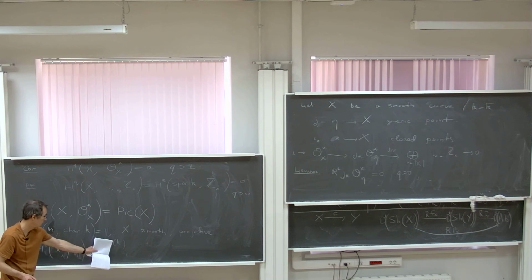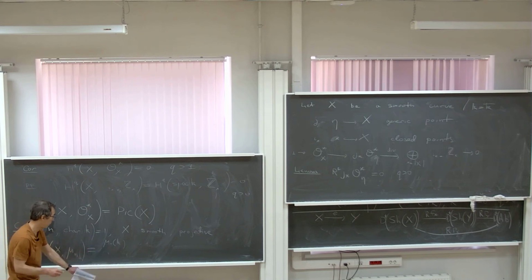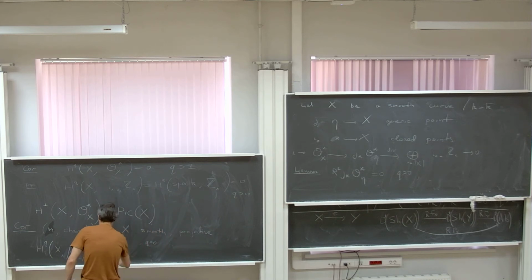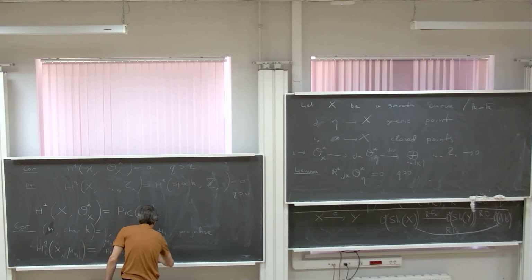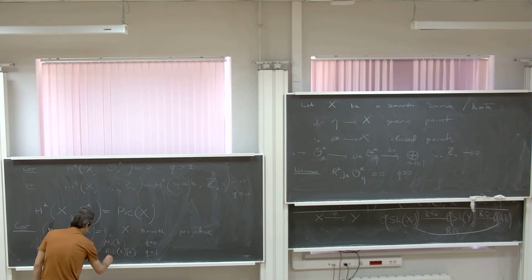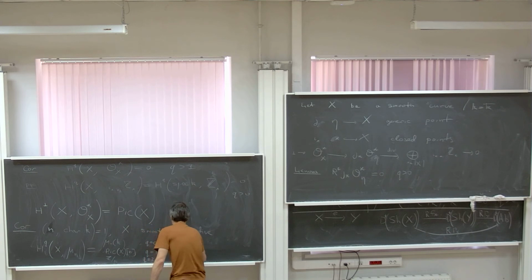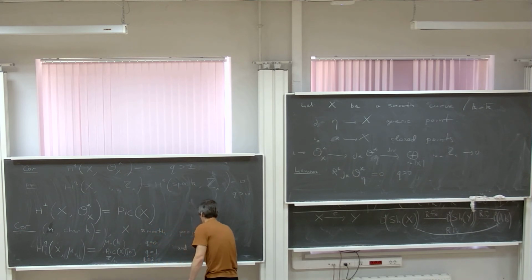This is non-canonically isomorphic to Z mod n Z. So when q is 0, it's n-torsion elements. When q is 1, it's the n-torsion of Pic. When q is 2, it's Z mod n Z, and 0 otherwise.